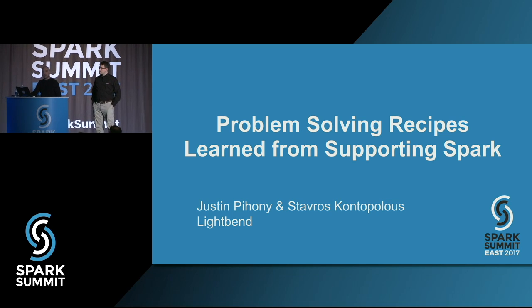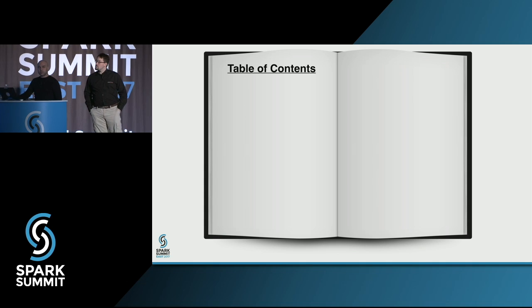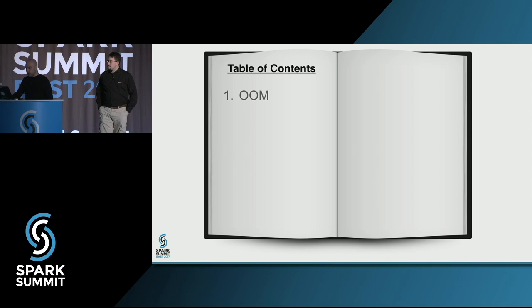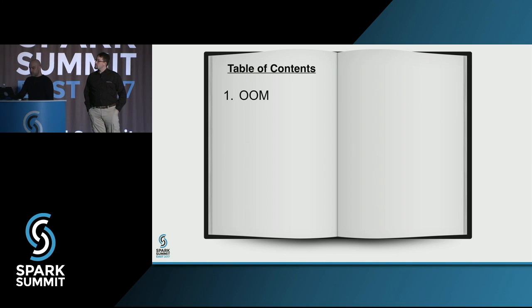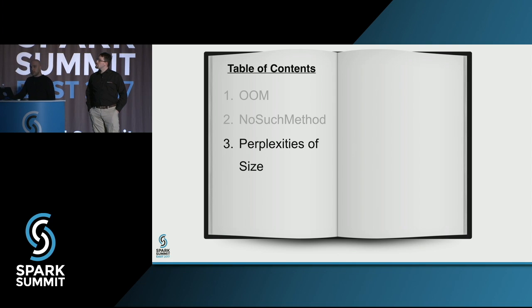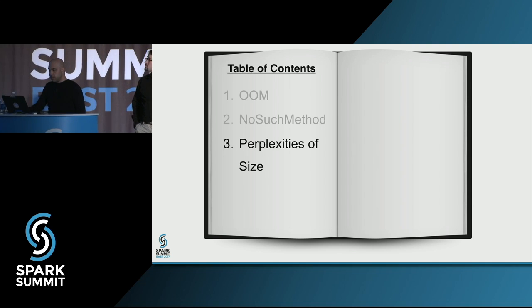Today we have prepared a set of recipes for you, learned from our work supporting customers who deploy Spark. We have prepared a bunch of things to show you. We'll have a look at out-of-memory problems, the no such method error, perplexities of size, which means long-running tasks which deviate from the median.